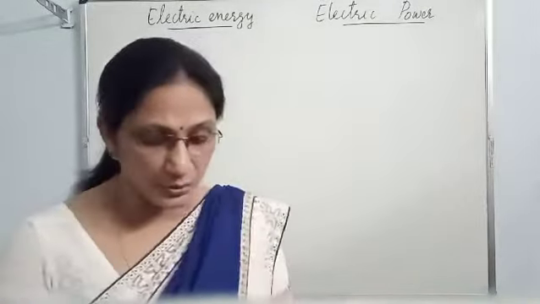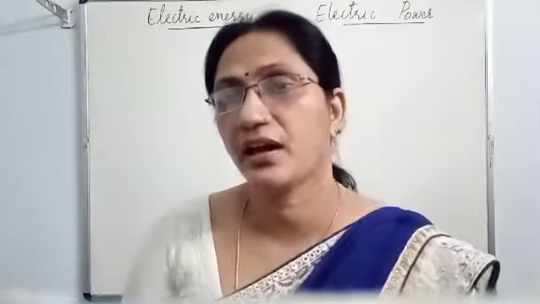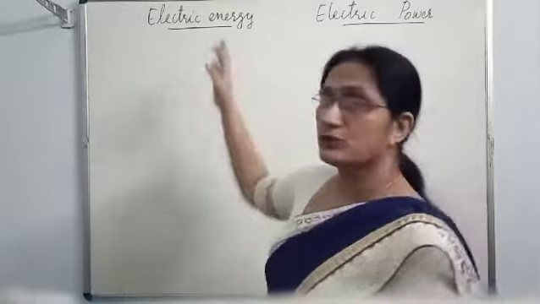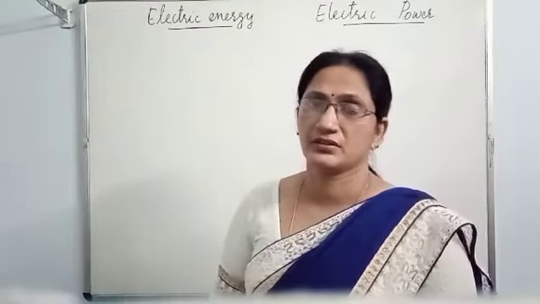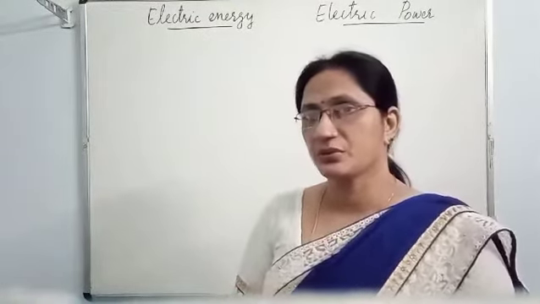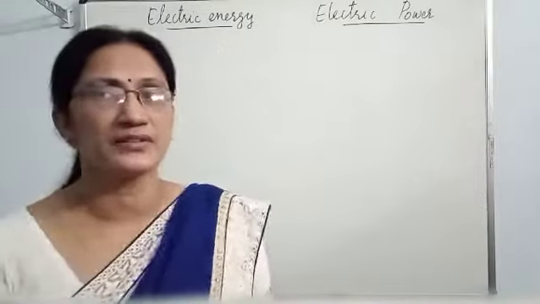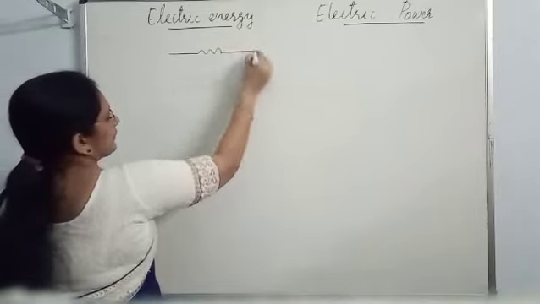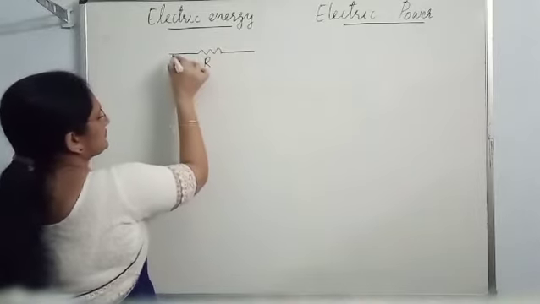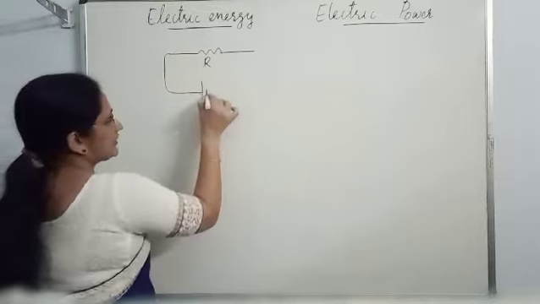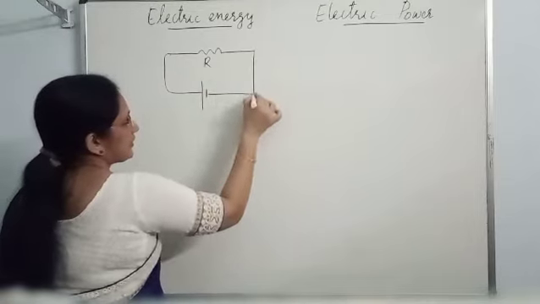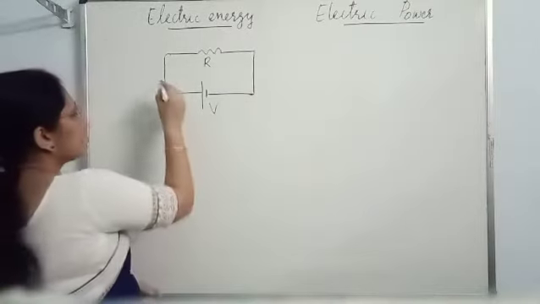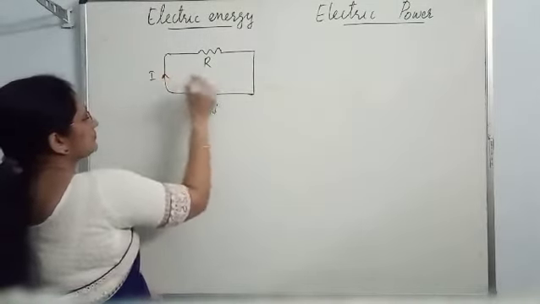Now let us see how to measure the electric energy flowing in a circuit. Electric energy can be also called as electric work done in a circuit. Let us study a simple electric circuit having a resistance, and it is connected to a cell of potential difference or terminal voltage V, and current flows in this way.